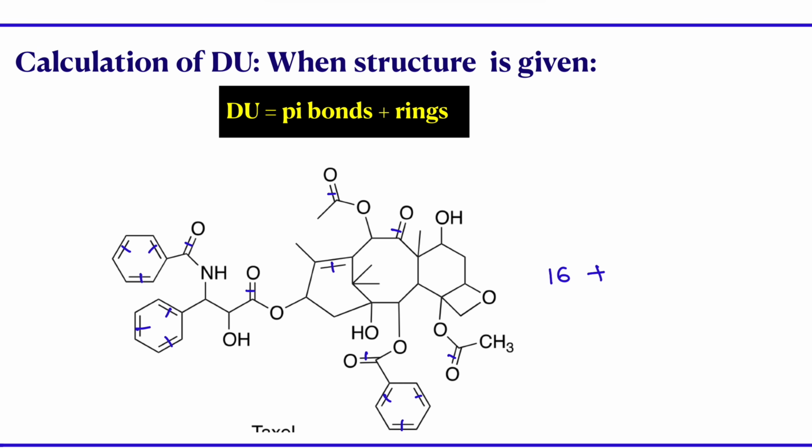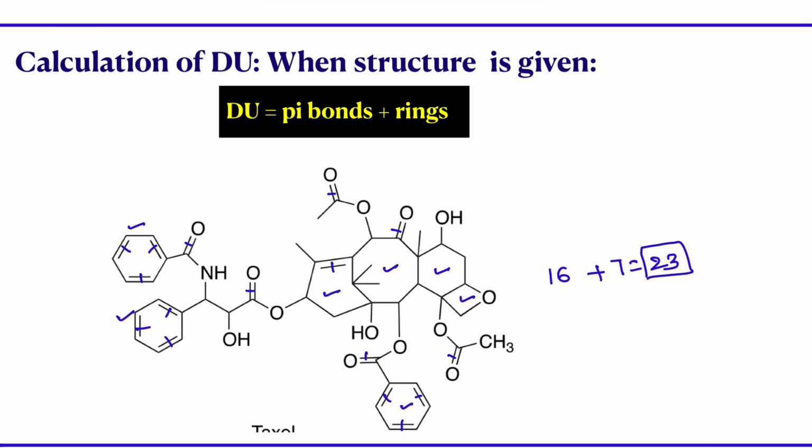And the rings are here 1, 2, 3, 4, 5, 6 and here we have 7. Totally 7 rings. 16 pi bonds and 7 rings, 16 plus 7 is equal to 23. So the degree of unsaturation will be 23.